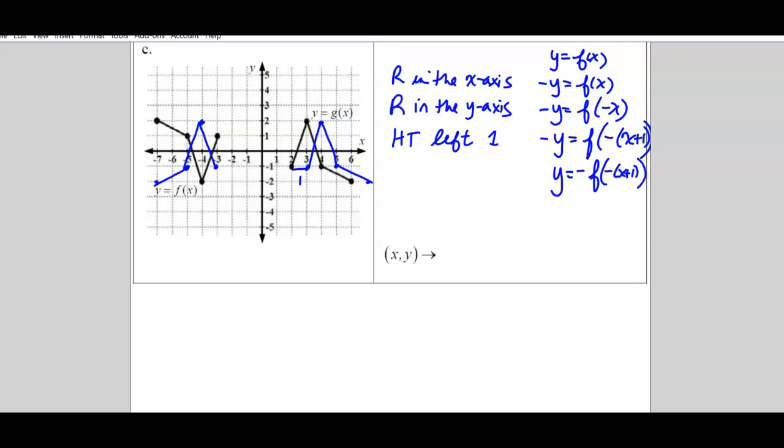You can expand the brackets inside there if you want. Now, that's called g. In terms of mapping notation, for the reflections, you can do both of those at once, right? And then you're going left one.